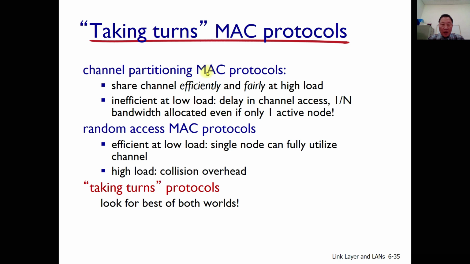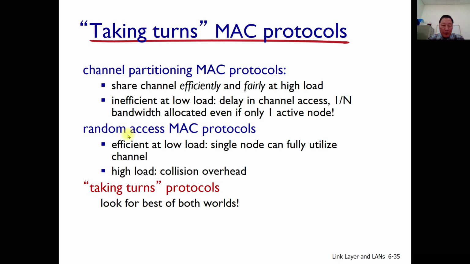This was explained already, and we are reviewing it again. It is not efficient at low load, there is delay in channel access, and 1/N bandwidth is allocated even if only one node is active. This is not fully utilizing the channel, as we learned already.